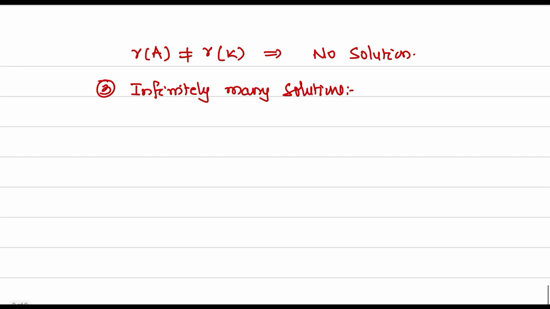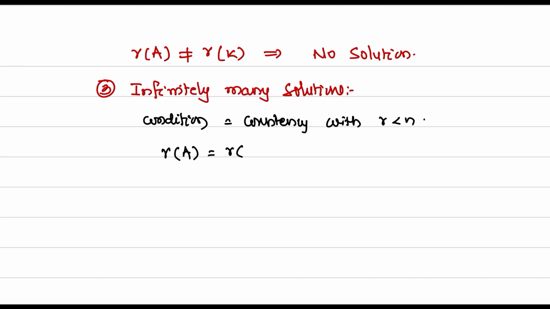What is the condition? Consistency with rank less than N. Consistency means what? RA should be equal to RK.